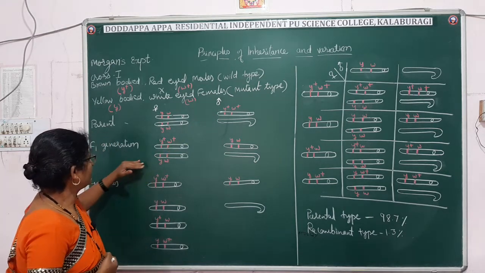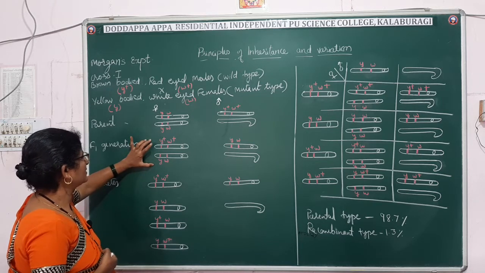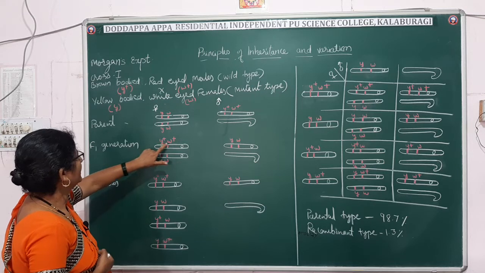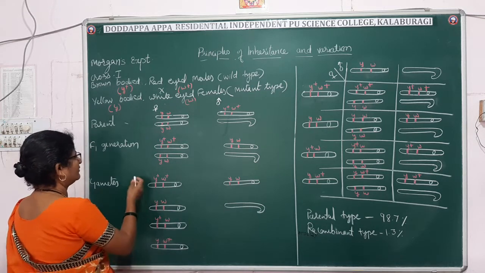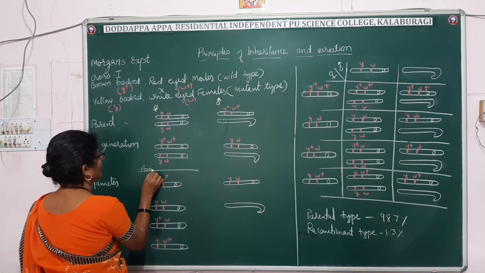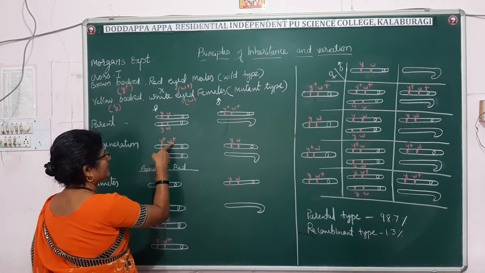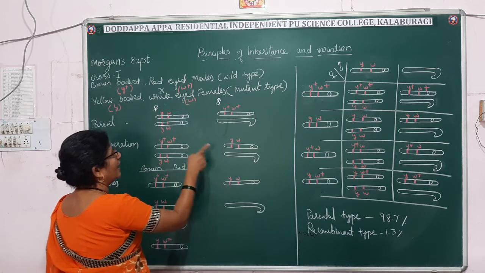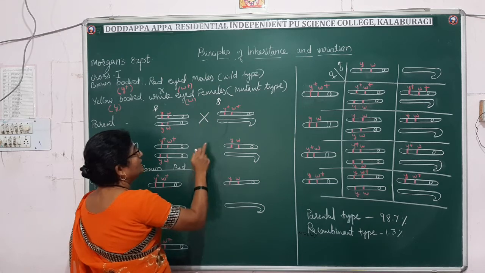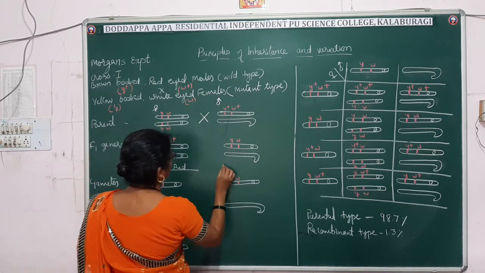Now in the F1 generation he got all females as wild type, that is, they have brown body and red eye, as the dominant genes are there. Fine. And all the males, we have to cross this compulsorily.